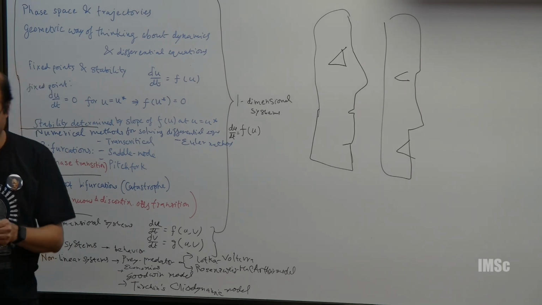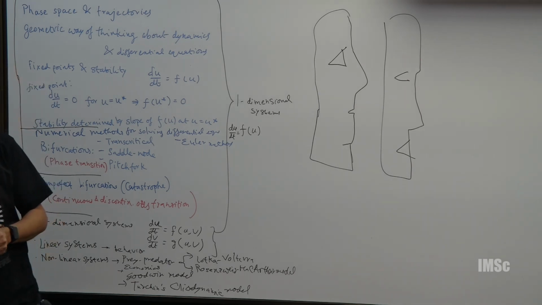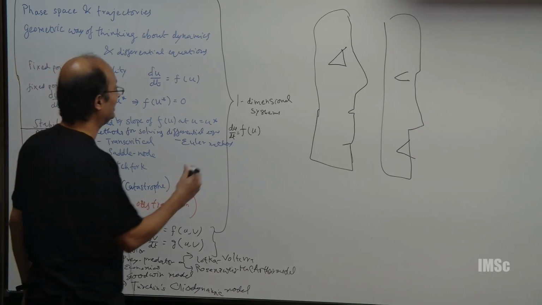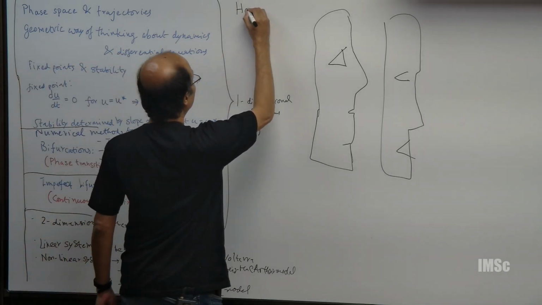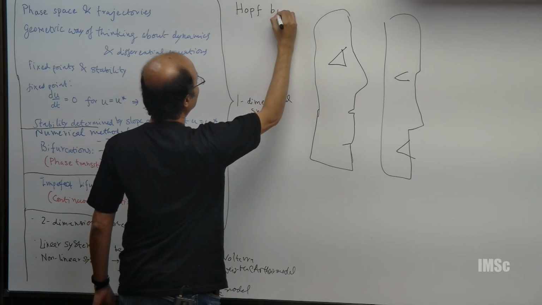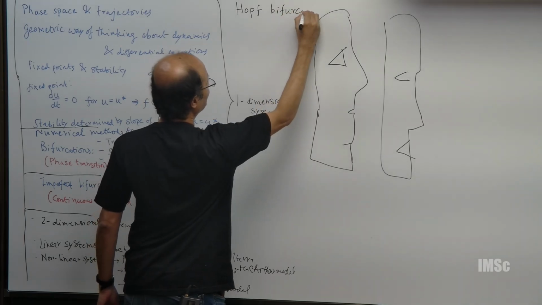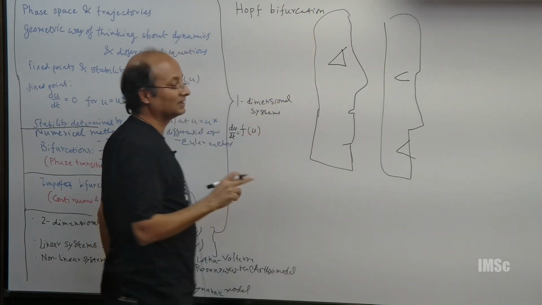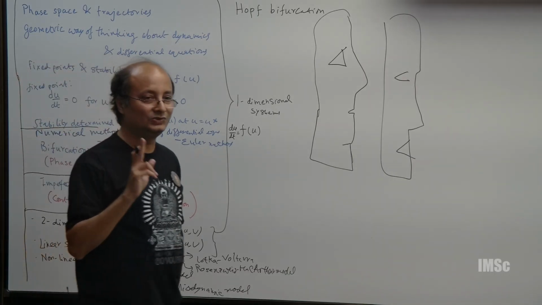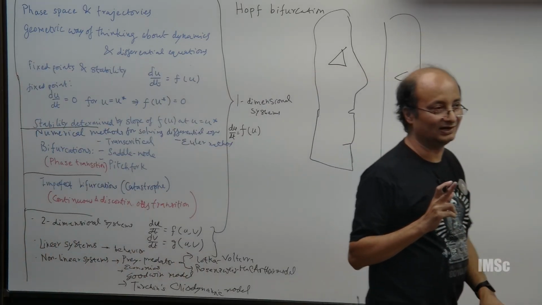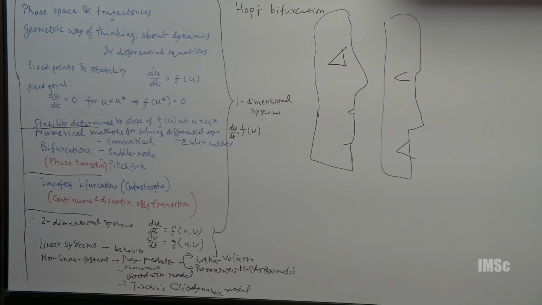I am being very ambitious. I don't think I have enough time to do all of this, but let me try anyway. If time permits I will describe something known as Hopf bifurcation, because a 2-dimensional system, which is what I will start with, is capable of a behavior which 1D systems are not capable of, which is oscillations.